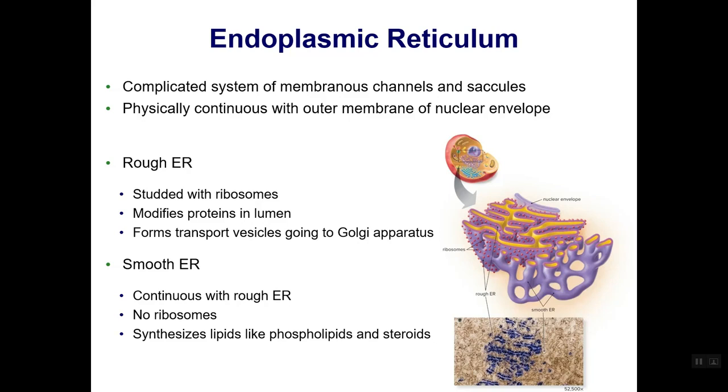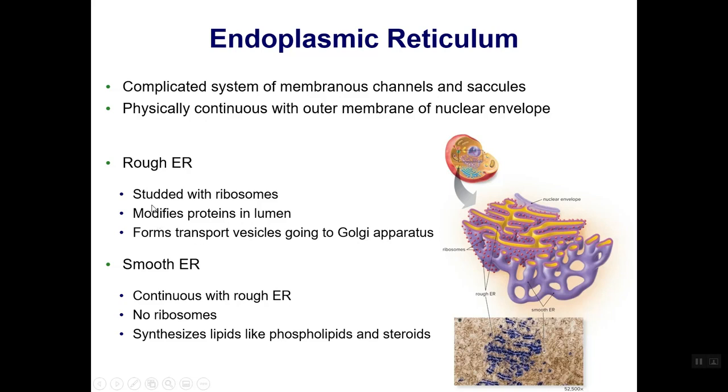But it's basically a lot of membranes. The rough ER is called rough because if you look at the picture here, it's studded with these little red dots, and those red dots are representing ribosomes, and that's why it's called the rough ER. It looks rough.